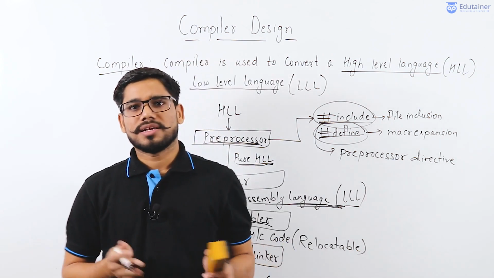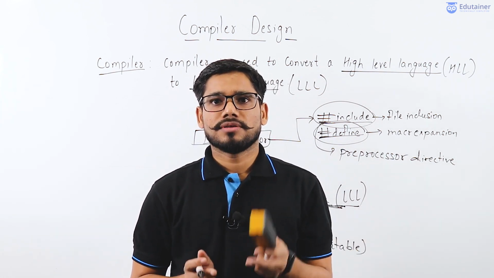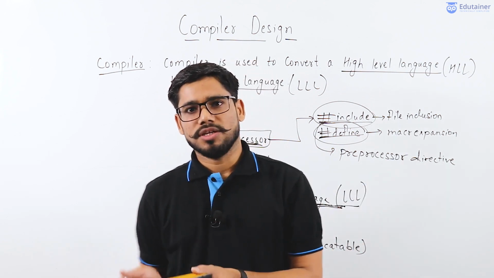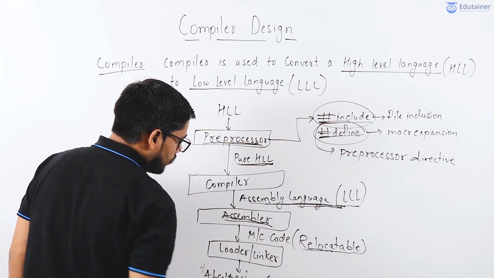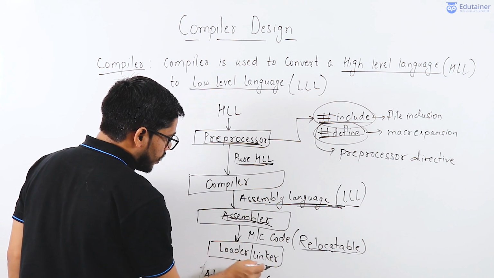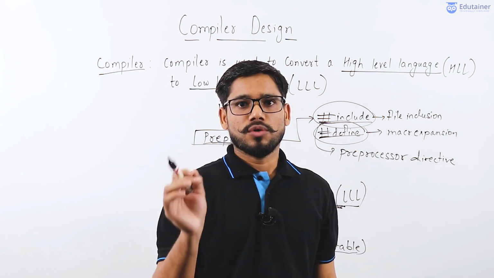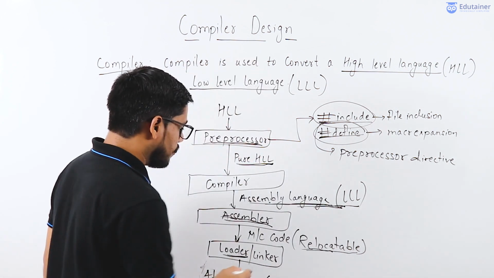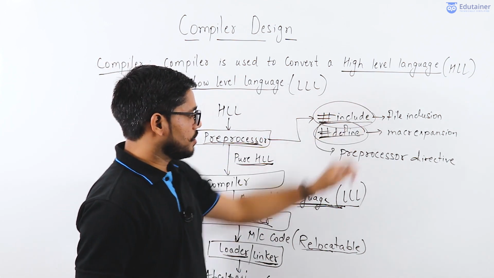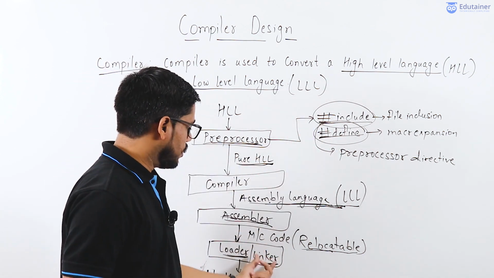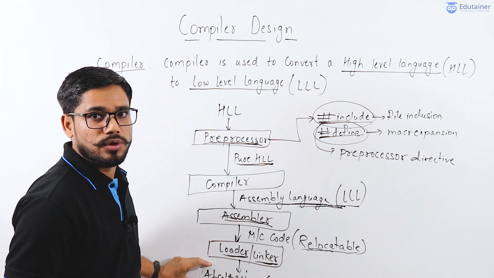The difference between compiler and assembler is that the compiler converts high level language into middle level language, while the assembler converts middle level language into machine low level language. Finally we get the relocatable code, and we pass it through the loader and linker. The loader loads the relocatable machine code into main memory, RAM, and the linker links all the different files, like separate files and main functions, together. Finally we run the program and get the absolute machine code.